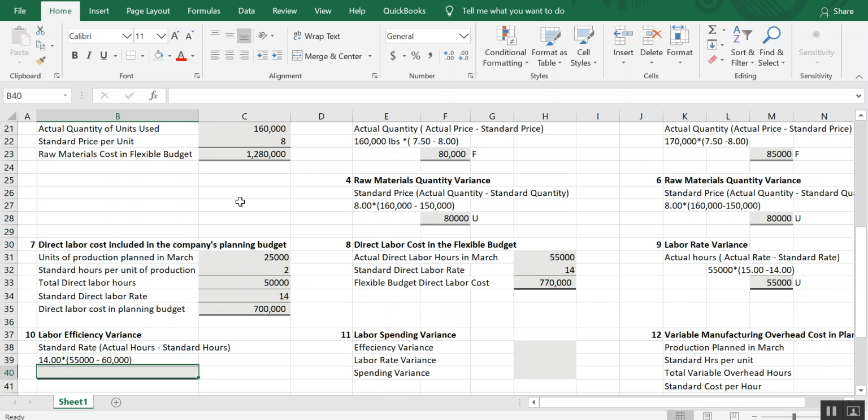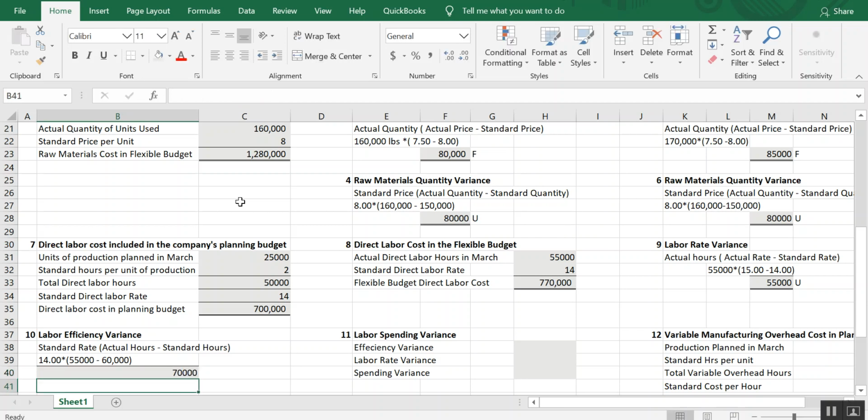So for this calculation, I'm going to put minus in here, $14 an hour times 55,000 minus 60,000. Oops, not dots, zeros.